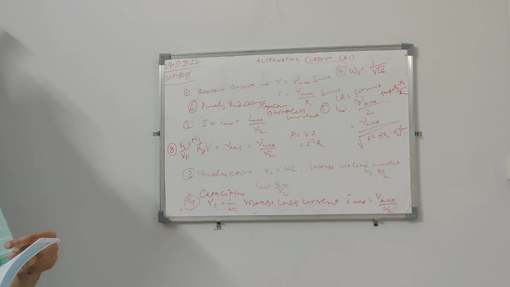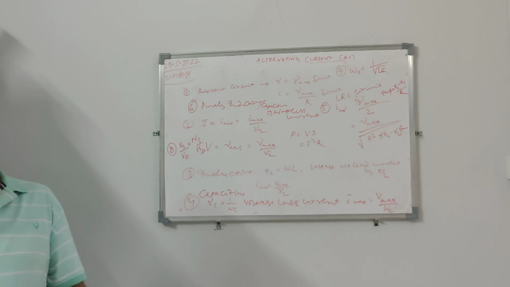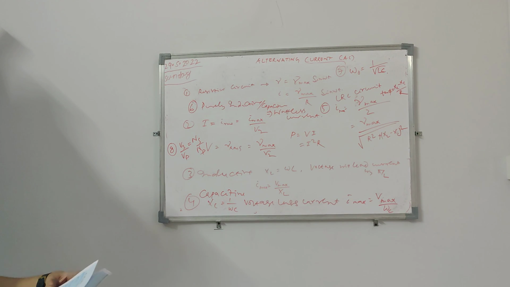That is the transformer, which comes from the conservation of power, and if there is a loss you have to multiply by a certain factor. And there are some dimensions we need to know.